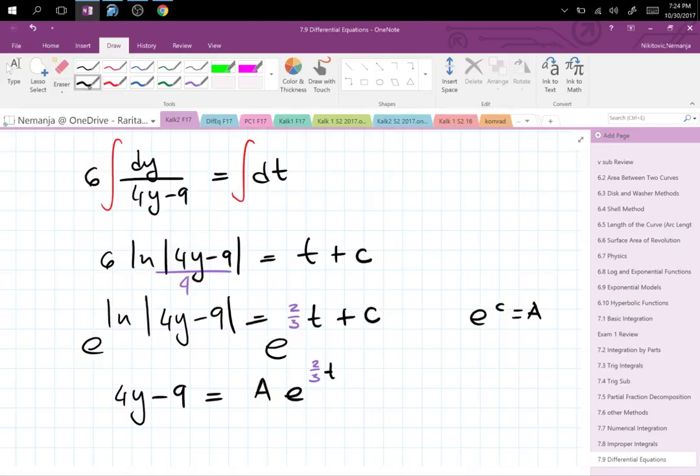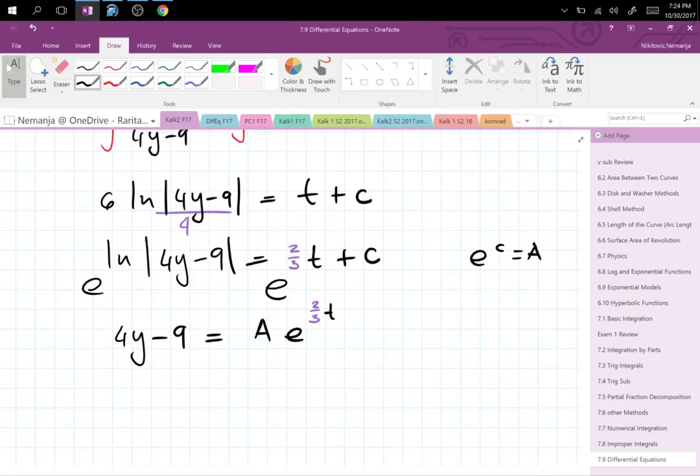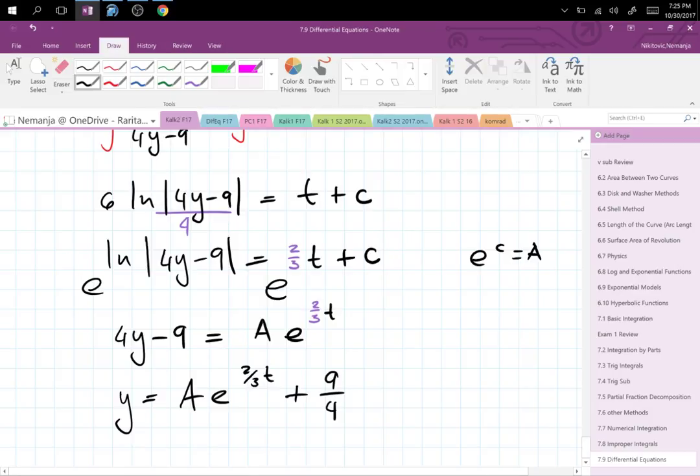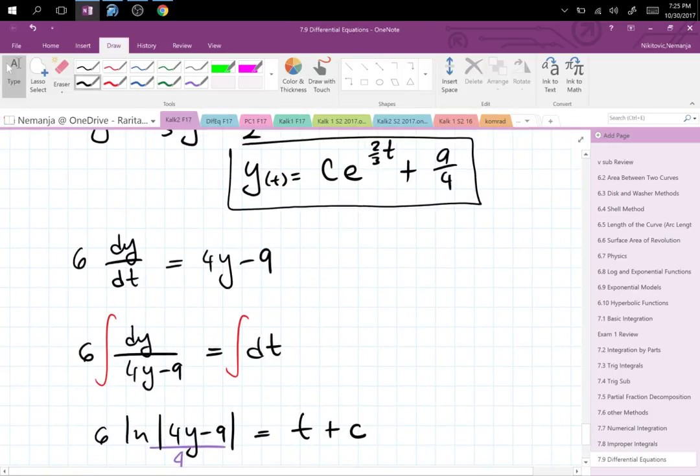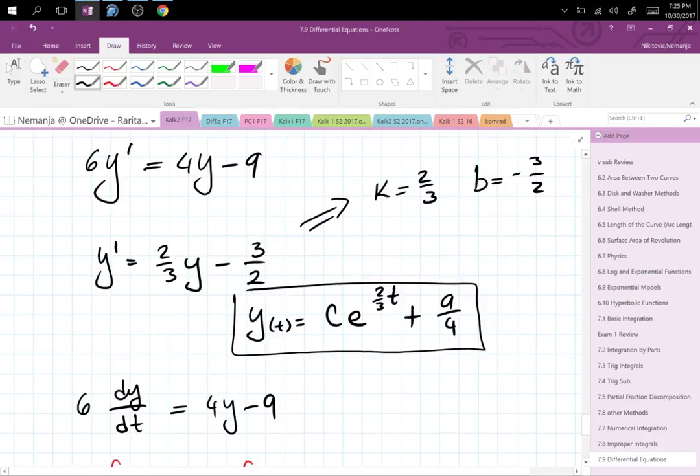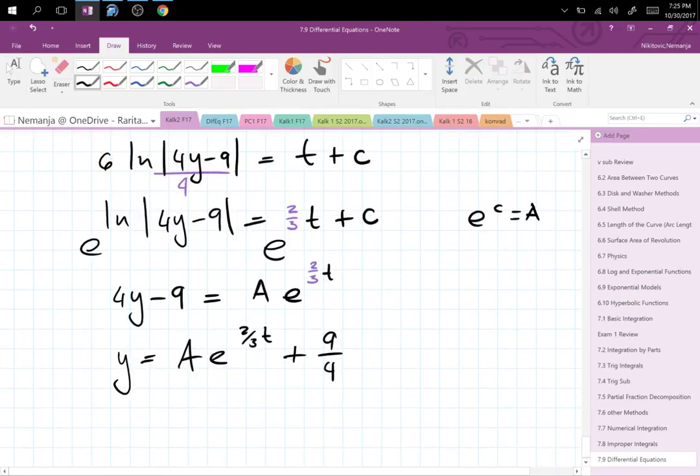There we go. And now we have that y is equal to a e to the 2/3 t, plus 9 over 4. See? Same.